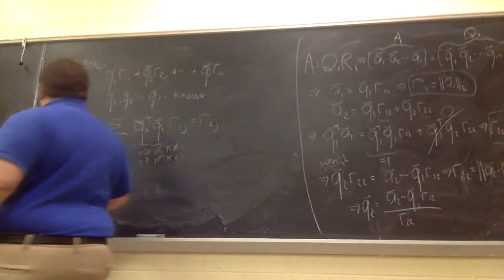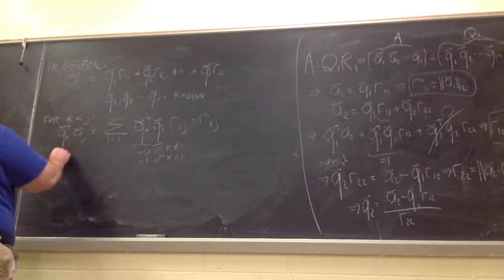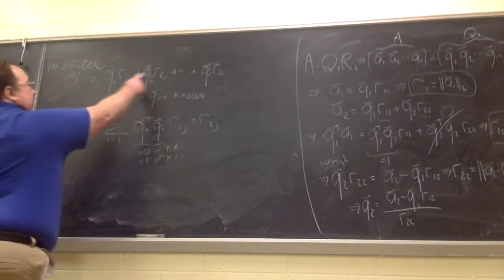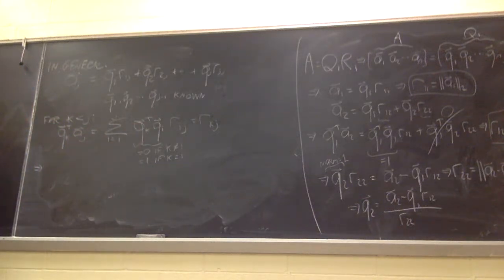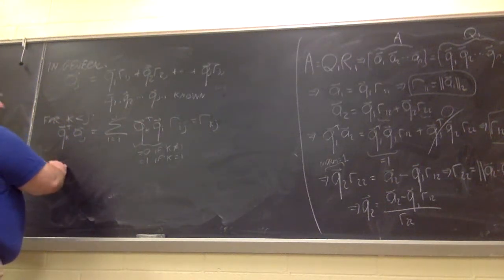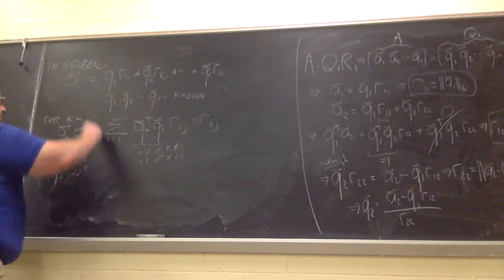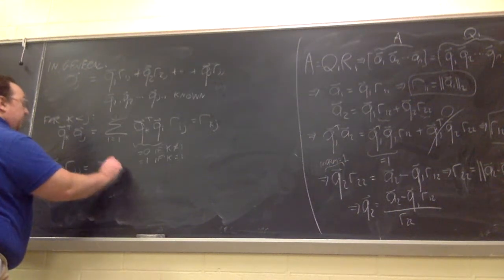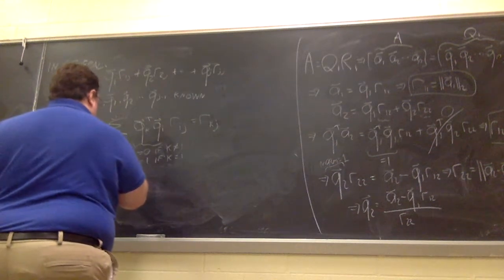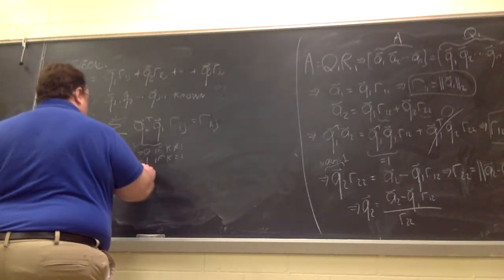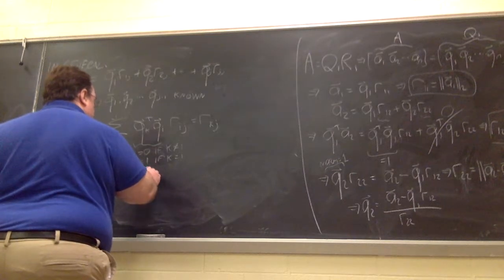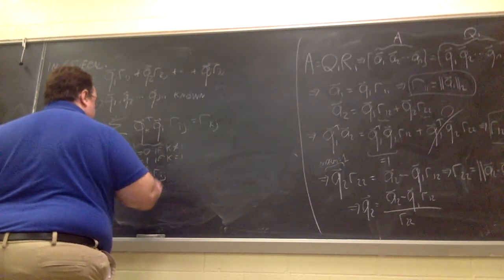So for that, now I'm going to take all these terms, because now every term on the right side is known, except the last one. So I'm going to rearrange. I'm going to have QJ RJJ is equal to AJ minus all these other terms, the sum of QI RIJ.